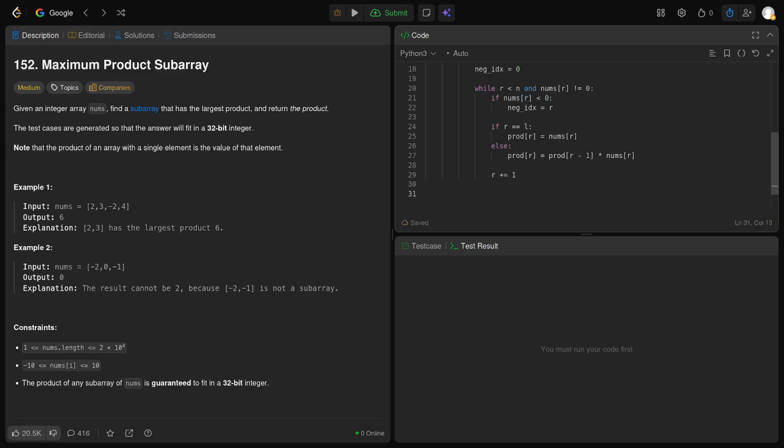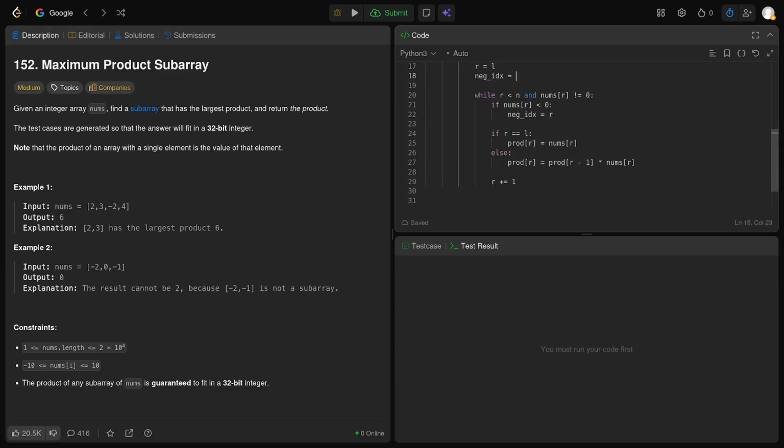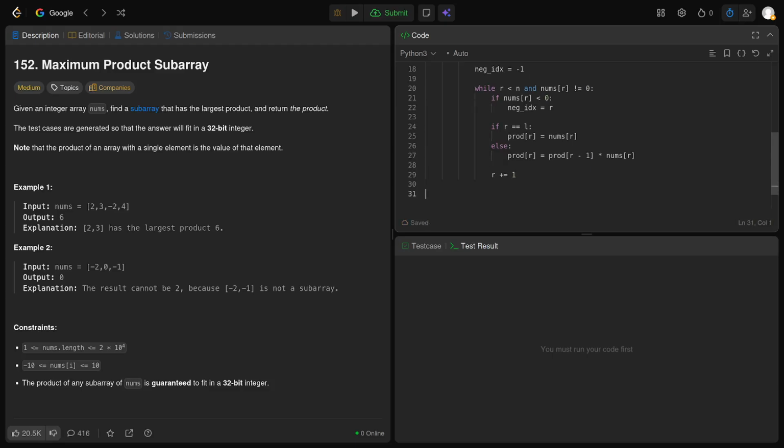And now that we have that, let's see, so the negative index should be minus 1. And then, right, we process the subarray, and now we want to do this.